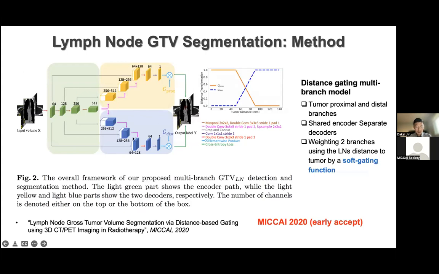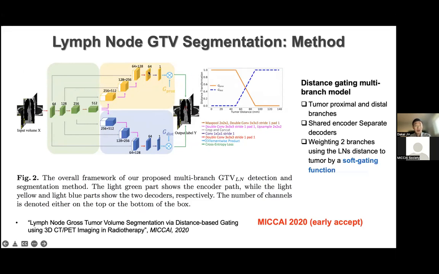Emulating this physician reasoning process, this MICCAI 2020 work designed a two decoding branch framework with a distance gating module to learn the lymph node segmentation for esophageal cancer patients.